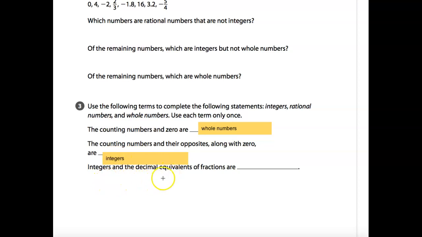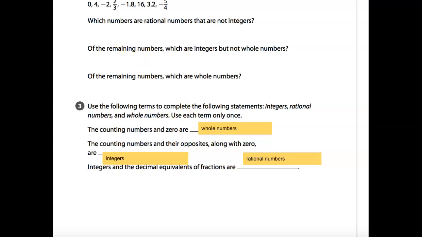And integers and the decimal equivalents of fractions, those are the rational numbers. All right, good.